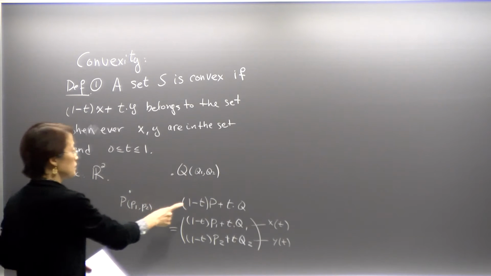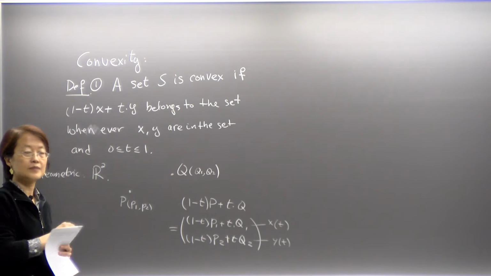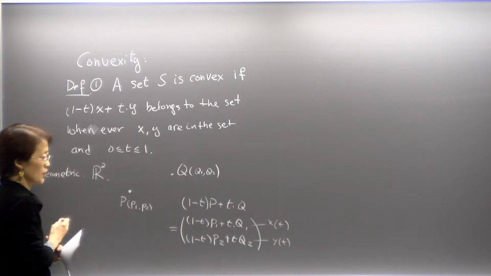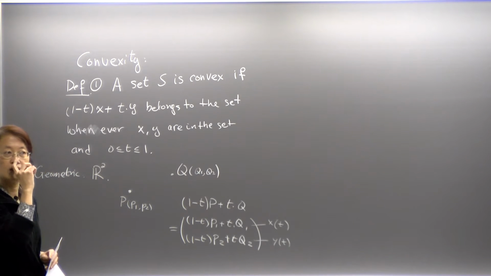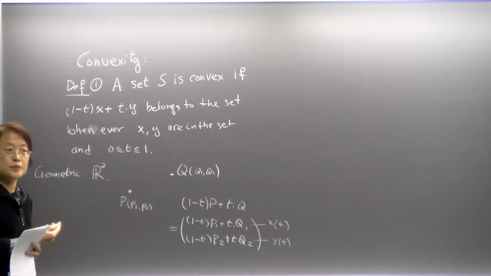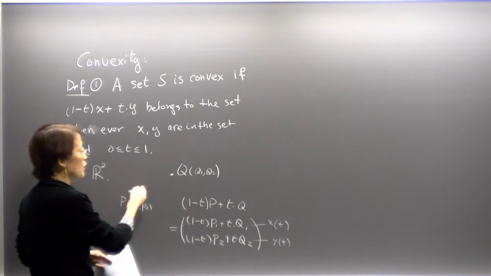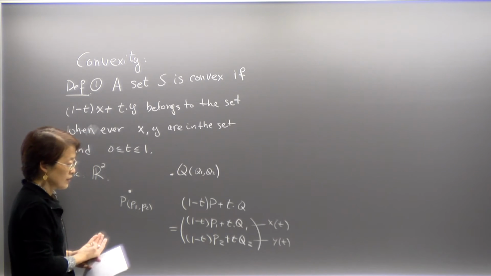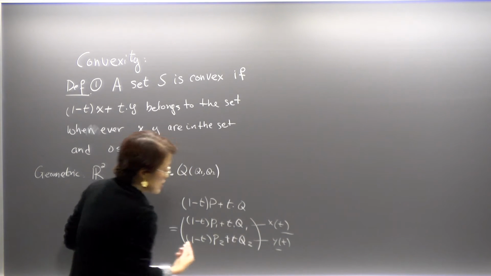When t is 0, I will be at p. And when t is 1, where will I be? Wouldn't I be here at q by this definition? So as t changes from 0 to 1, look at this parameterization. What is it?